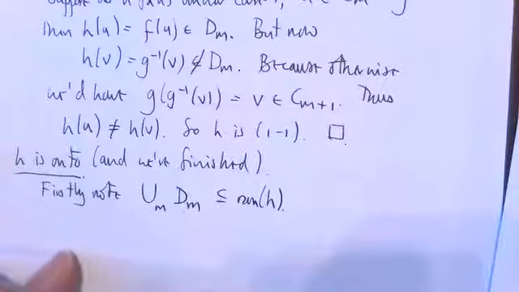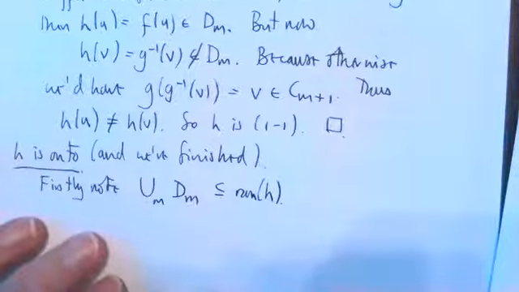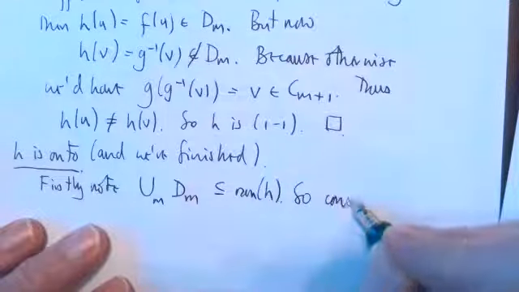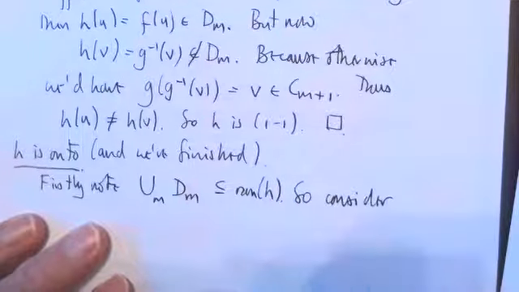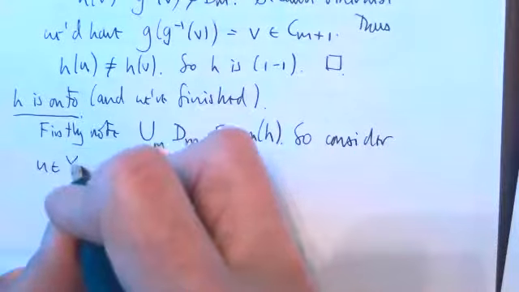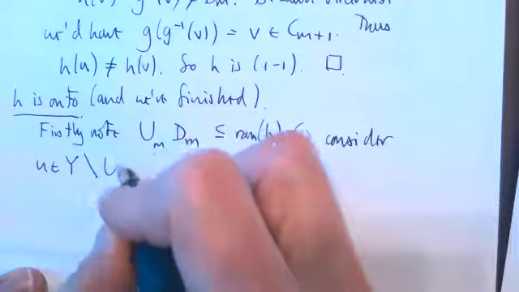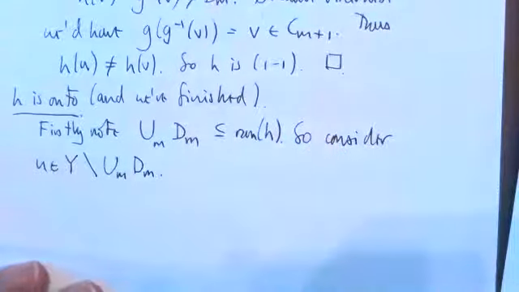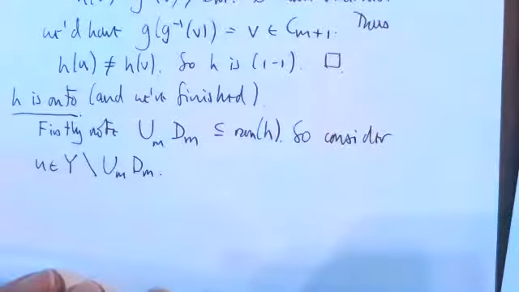It's the other stuff in Y that we need to be worried about. So take something that's in Y, but it's not in this union, and we'll worry about that.